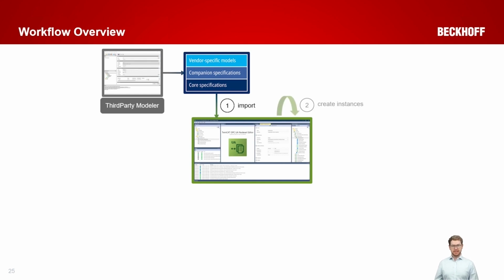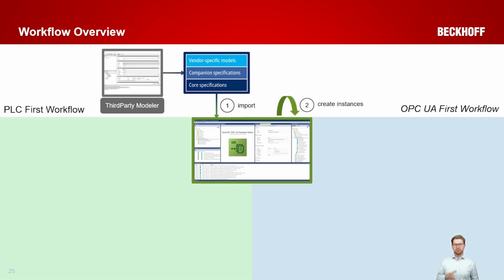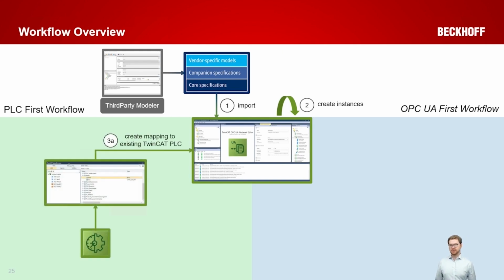After you've done this, you would create instances to represent your machine and what you want to model. From here on out, we are going to differentiate between the PLC-first workflow and the OPC UA-first workflow. As the name says, with the PLC-first workflow, the PLC already exists, or you create it prior to mapping OPC UA and that PLC.